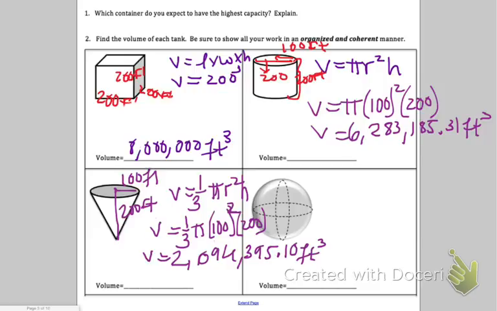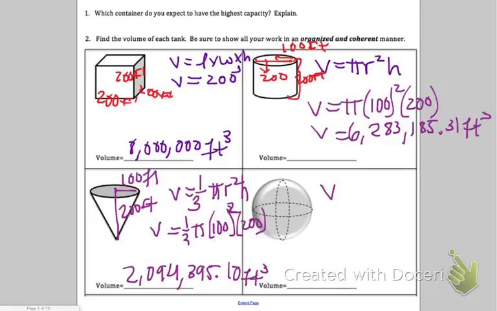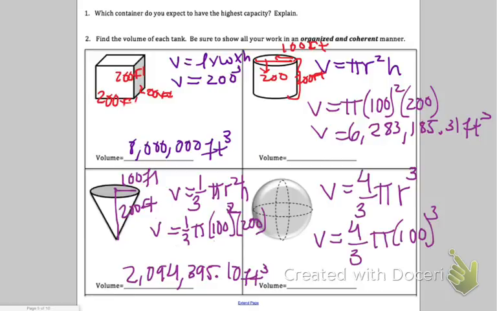Okay, and finally we have our sphere. The volume of a sphere is found by multiplying 4/3 times pi times the radius cubed. Since the diameter of the sphere is again 200, that gives us a radius of 100. So we have pi times 100 cubed, and we're going to substitute this into our calculator.